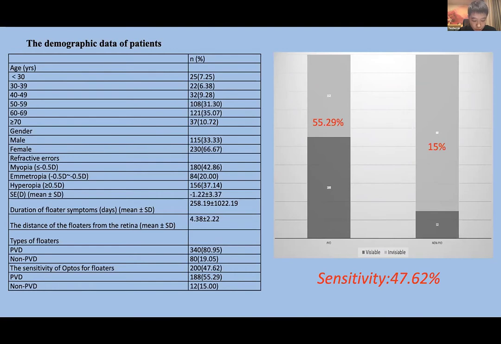Vitreous floaters could be seen on Optos images in only about 47% of eyes. That's the sensitivity for all patients, about 50% in eyes with PVD and just 15% in eyes without PVD. That sensitivity is very low.